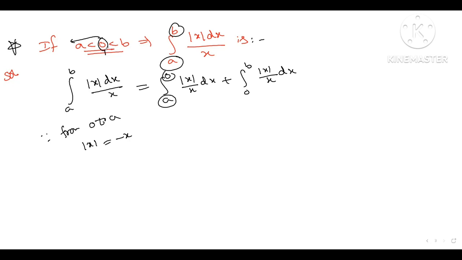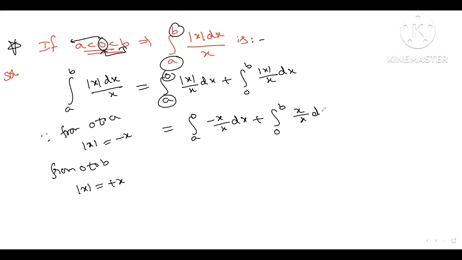From 0 to b, the modulus of x we should take as plus x. Okay, here a to 0, the modulus expression becomes minus x by x dx. From 0 to b, being more than 0, the modulus of x is plus x by x dx.